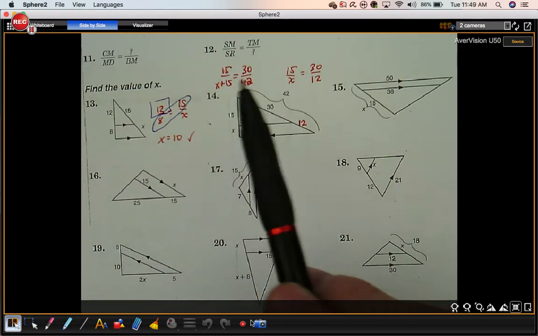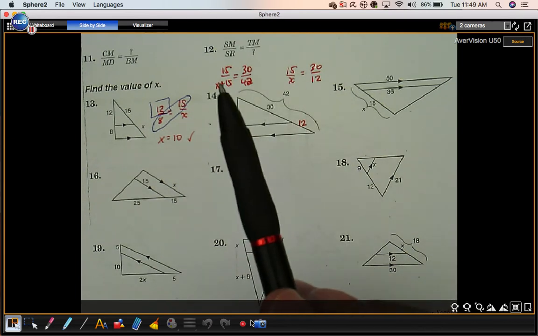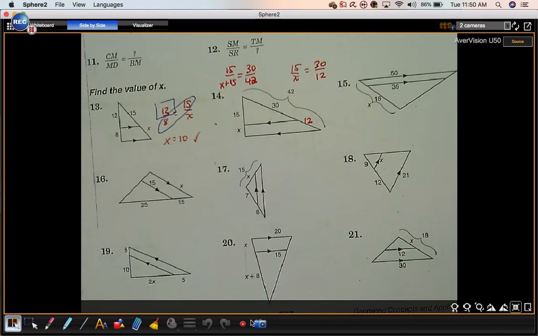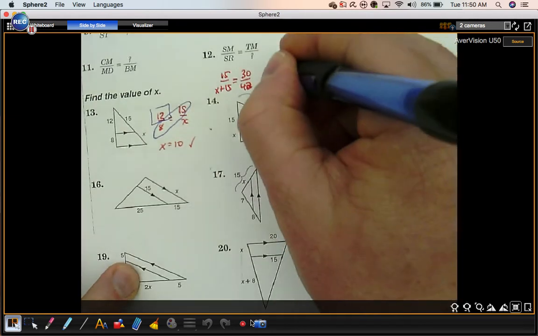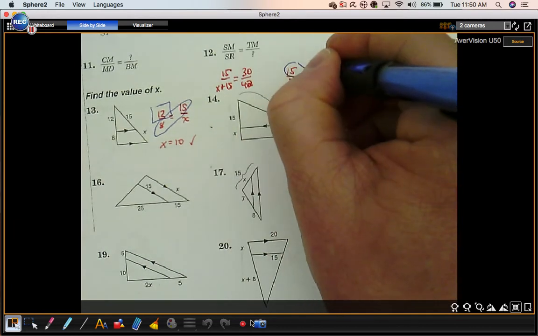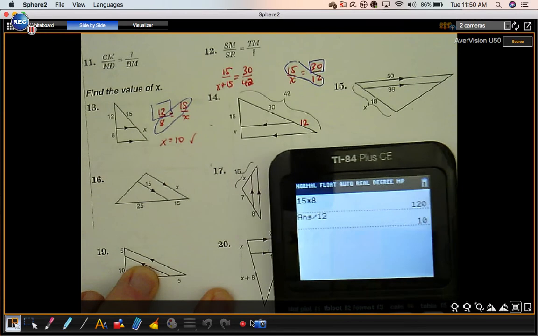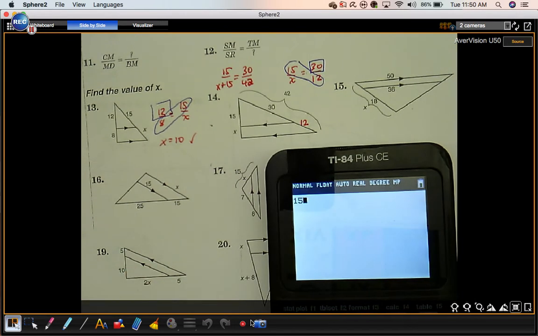So it's really up to you which one you go with. Just don't do something that's in between these two. Don't make that a 42. Don't make that an x. Okay, let's cross multiply. We're going to do 15 times 12, and we're going to divide by 30. Notice how you get 6.